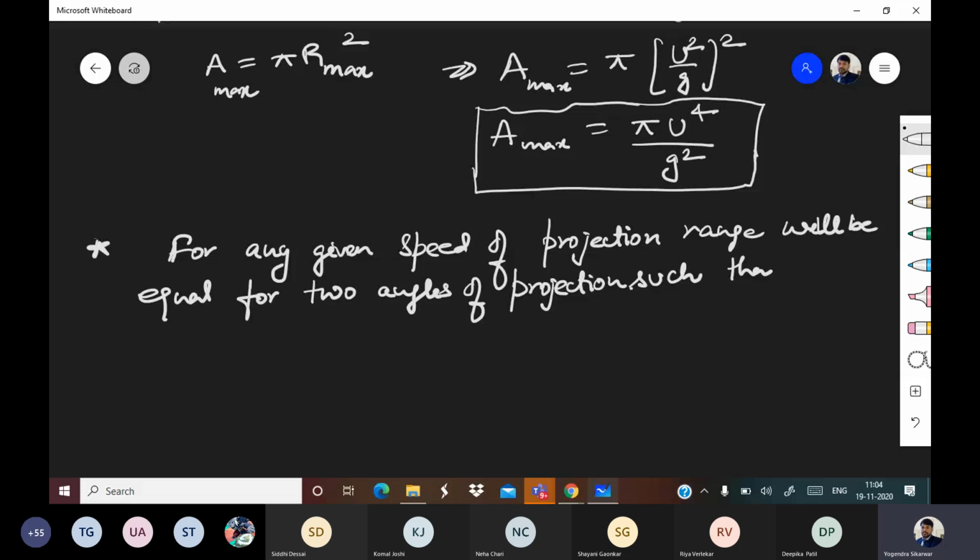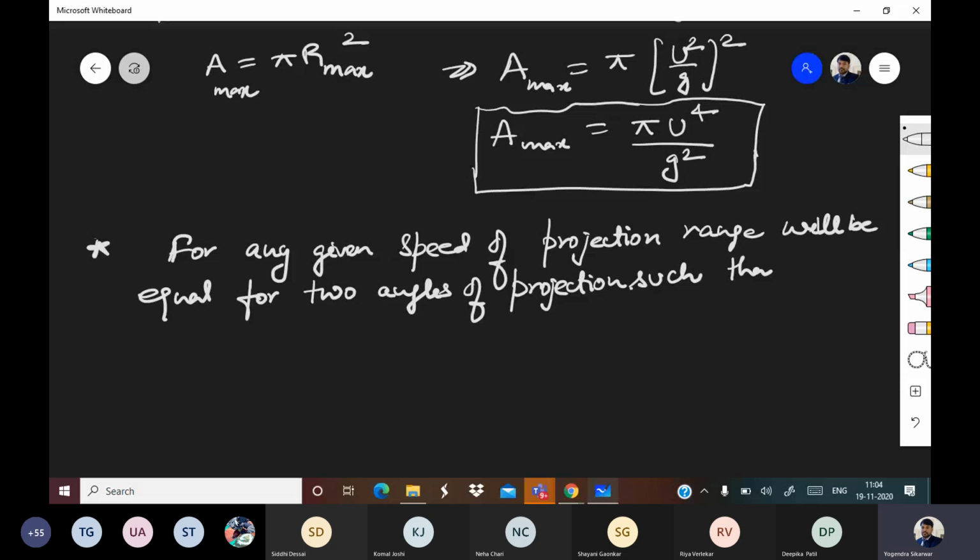So if alpha and beta are the two angles for which range is same, then alpha plus beta is equal to 90 degree. Or if one angle is alpha, then other will be 90 minus alpha.